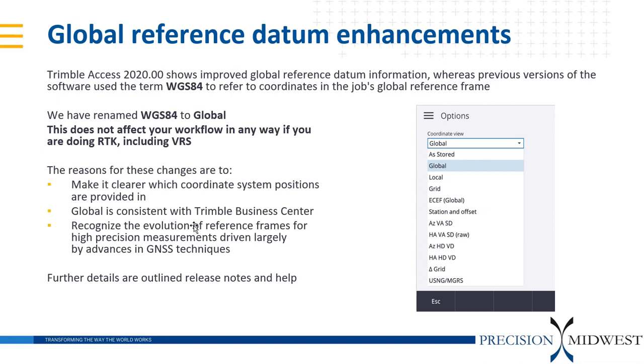This does not affect your workflow of future jobs or past jobs when you're doing RTK work. The reason for these changes is to make it clear which coordinate system positions are provided in, global, consistent with TBC, and to recognize the evolution of reference frames for high precision measurements driven largely by advances in GNSS technology. Further details will be in the release notes.